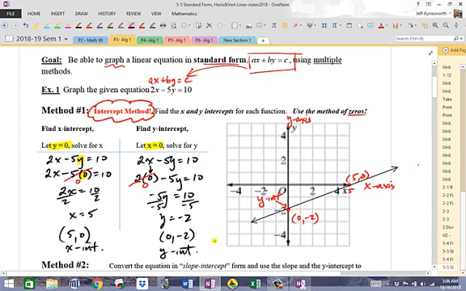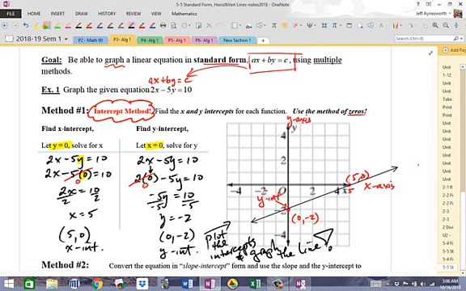That makes sense. And then, of course, you write the points as ordered pairs. All right, points are ordered pairs, x comma y. And then you plot. So you plot the points, plot the intercepts here, and graph the line.